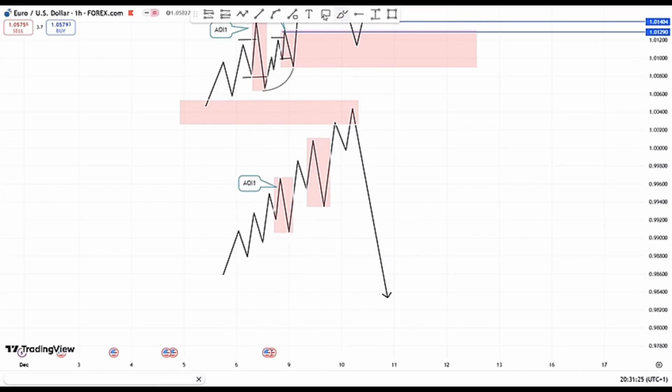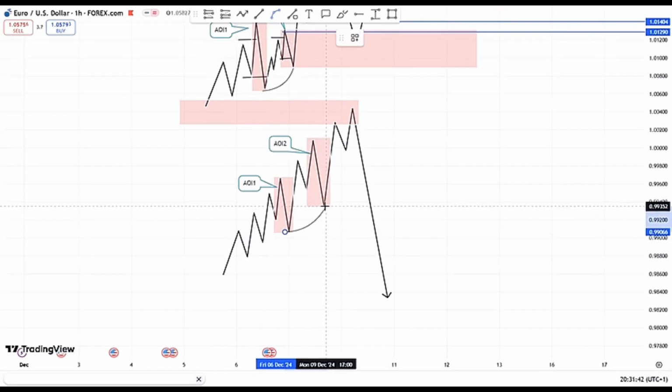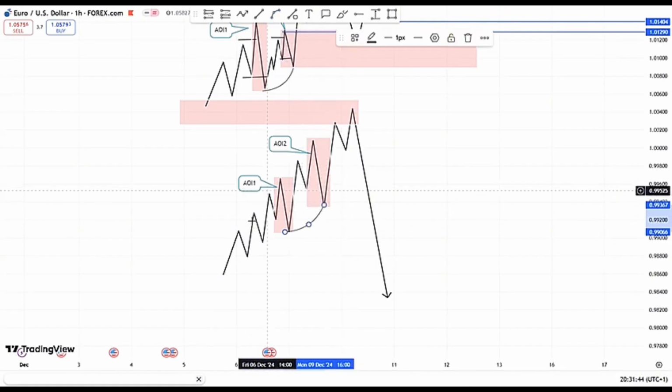And this is AOI 2. AOI 2 properly mitigated AOI 1 before price got to this area. So it means that all power belonging to AOI 1 was transferred to AOI 2. So in that situation, they are one. They become what? One. Okay?